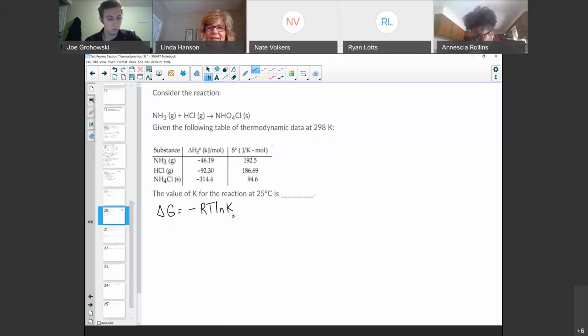And I don't see that just yet, but I do know how to find it. Delta G is equal to delta H minus T delta S. So I've got to work a problem first to find delta G. Once you know it, I still have to do a little subtraction because they give me the individual components of the reactants and products.